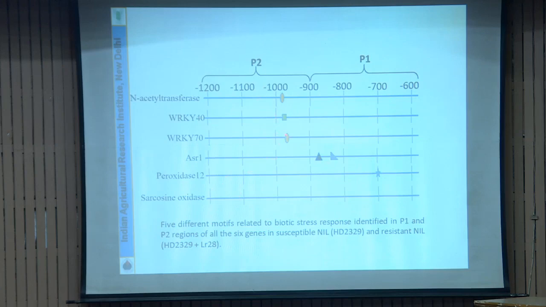This shows the sequences or motifs which were responsive to defense, which were already known to play a role in disease resistance or defense. That is why these 6 genes were chosen, because they already have certain sequences in their promoter regions which bind to the transcription factors in response to disease.